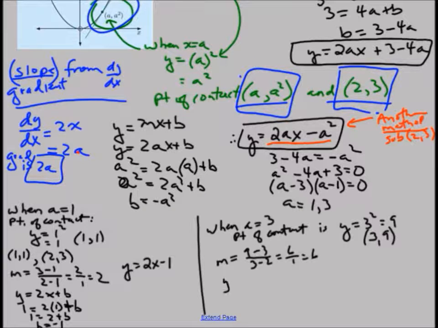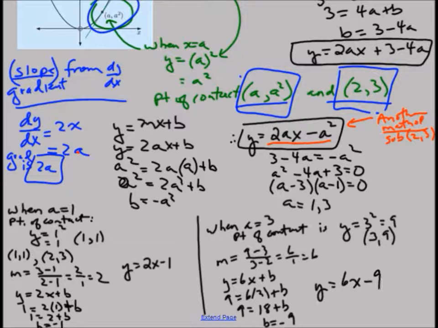Slope is 6. Substitute the point in. So the equation here, in this case, is y equals 6x subtract 9.